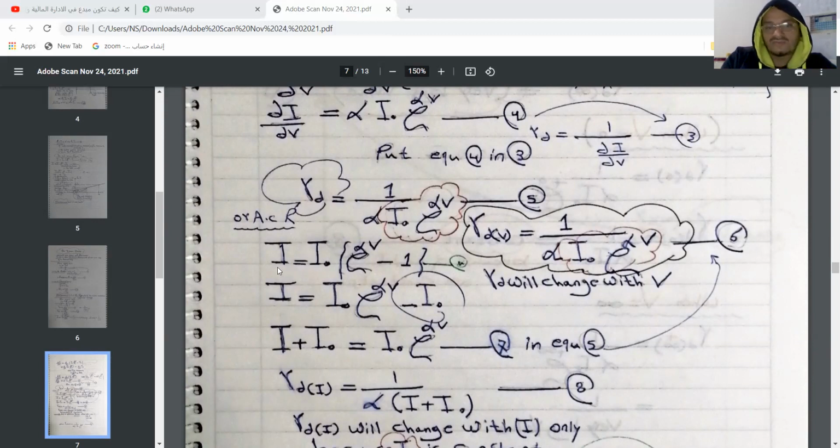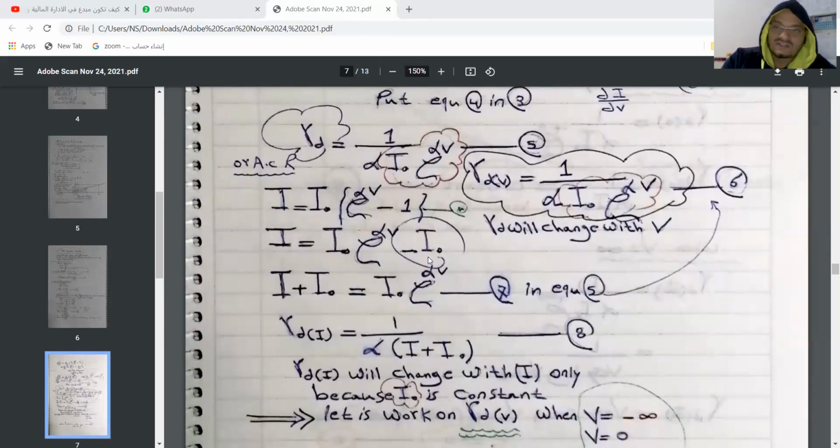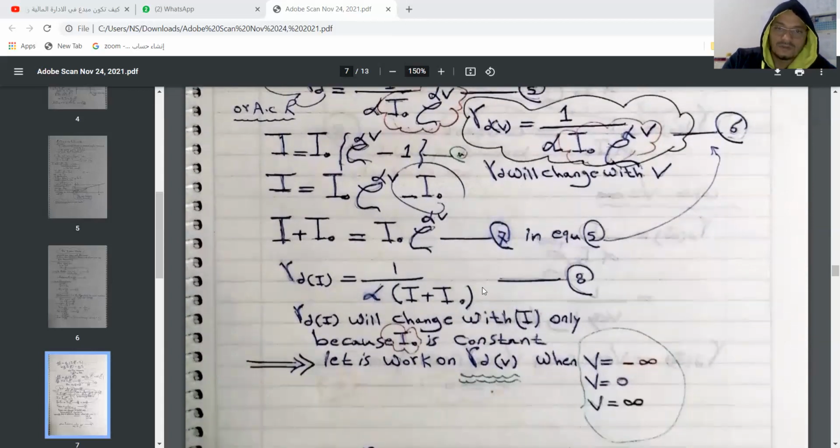From the Schottky equation, I equals I naught times exponential alpha V minus 1, and taking the minus 1 to the left side gives I plus the saturation current equals the saturation current times exponential alpha V. By that, we can say the dynamic resistance equals 1 divided by alpha, the diode constant, times I plus I naught, the saturation current.